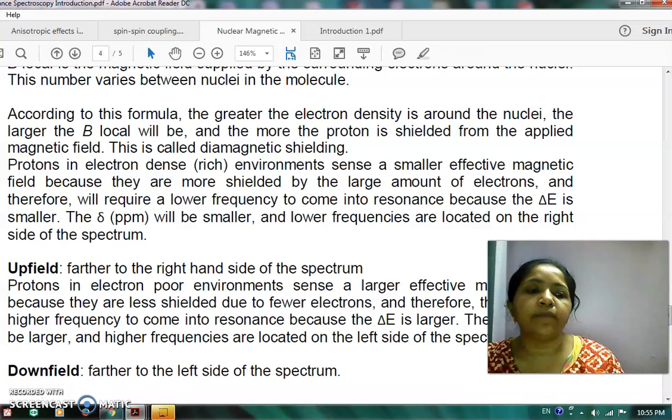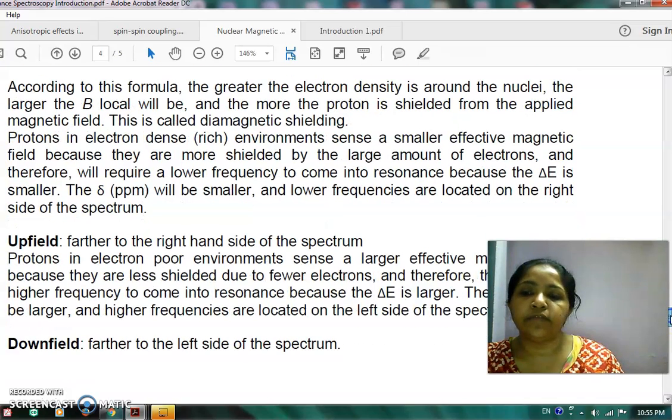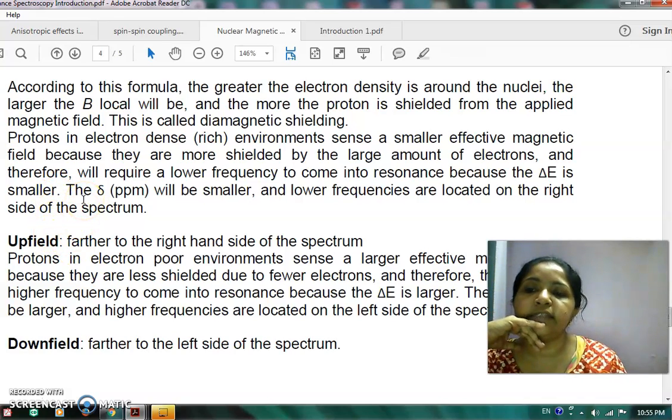So what are upfield and downfield, that we see in this graph. Okay, what is upfield? Upfield is the extreme right hand side. So when do we get the peaks in that direction? We will get the peaks when the protons are in an electron dense environment.